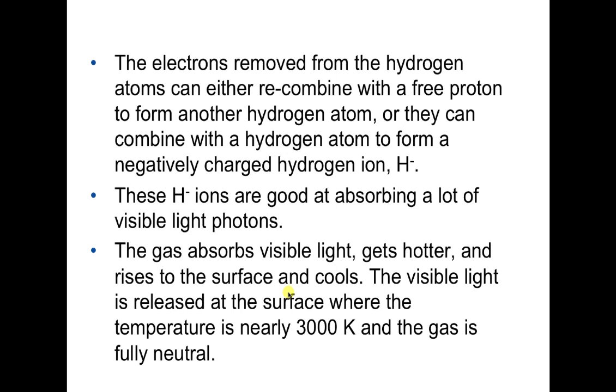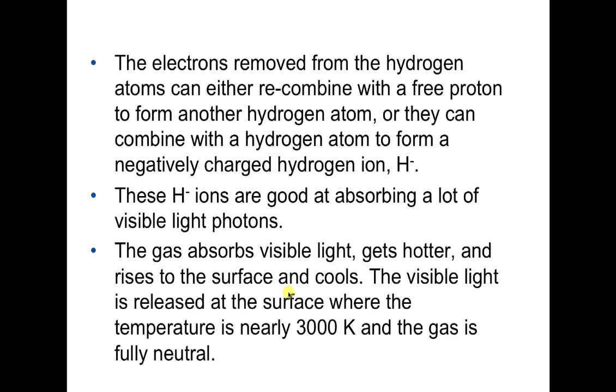And it turns out that these negative hydrogen ions are really good at absorbing a lot of visible light photons. So once you have these hydrogen ions formed just a little below the surface where the temperatures are a little bit higher, they'll absorb a lot of light. They'll cause the energy then to be absorbed and then to flow to the surface through convection.